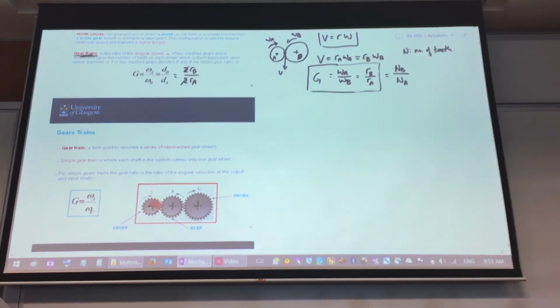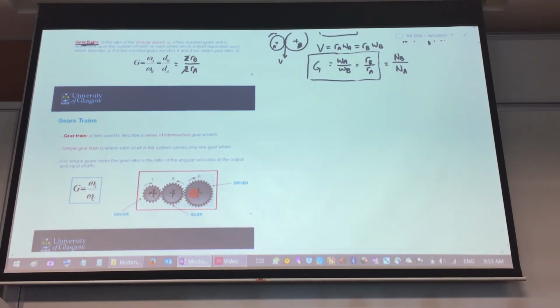So if this were to be rotating at a certain speed, we know that the output of that, the driven gear over here, will be rotating slower. Some students also couldn't imagine why this would be slower. You can imagine the number of teeth over here.